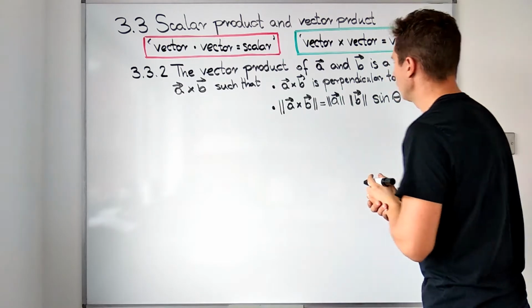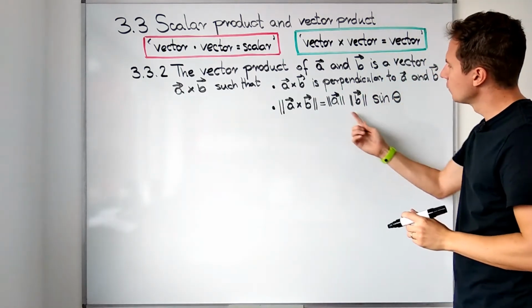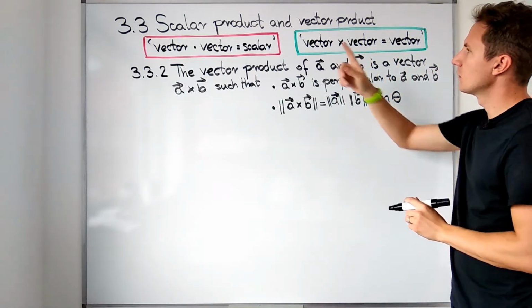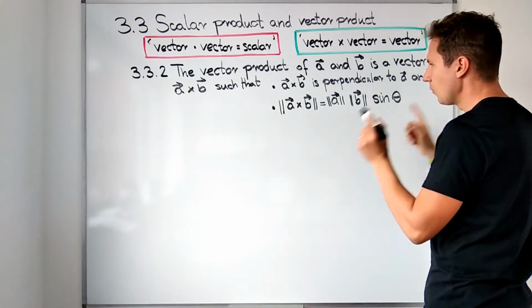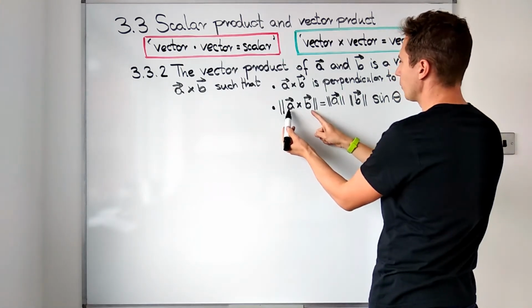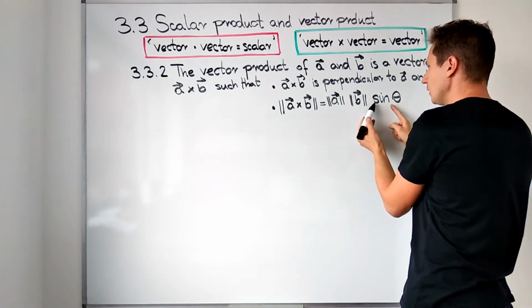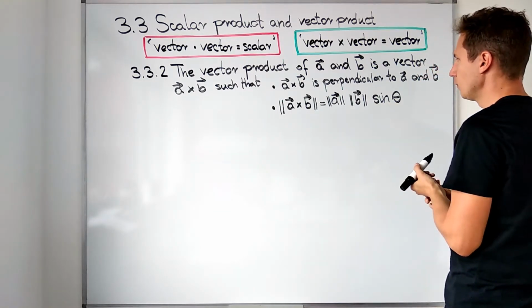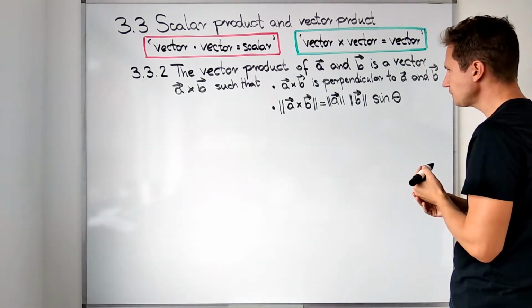So it's very similar to the formula that we had for the scalar product, but it is only the length of the vector product, and it is taking the sine of the angle between A and B.